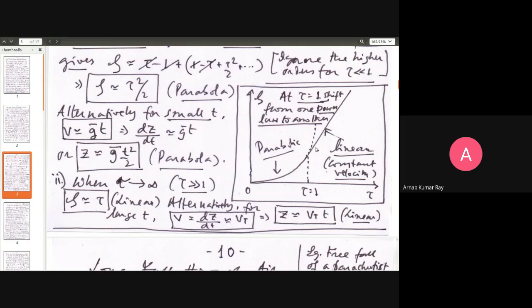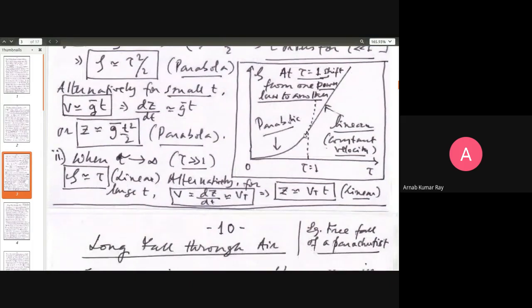It switches over to this linear behavior where velocity is constant. Of course, when velocity is constant, d zeta d tau will be constant, and zeta is a linear function of tau. So at tau equal to 1, you have a shift from one power law to another. Here you have a second degree power dependence, tau squared, and beyond this point you have a first degree power law, tau raised to 1.